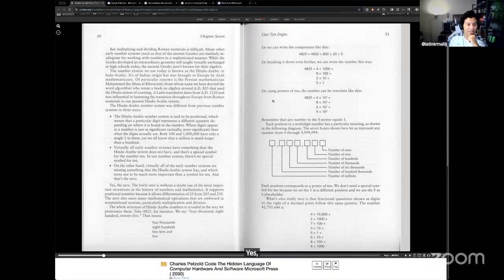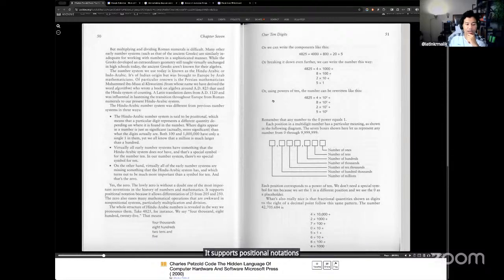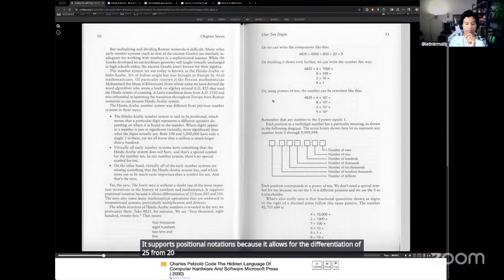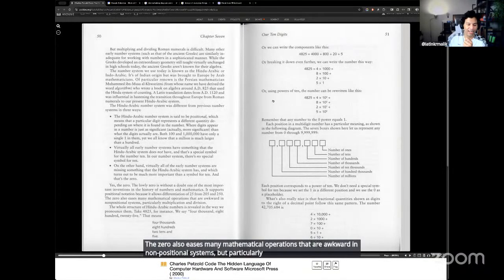Yes, the lowly 0 is without doubt one of the most important inventions in the history of numbers and mathematics. It supports positional notation because it allows for the differentiation of 25 from 205 and 250. The zero also eases many mathematical operations that are awkward in non-positional systems, particularly multiplication and division.